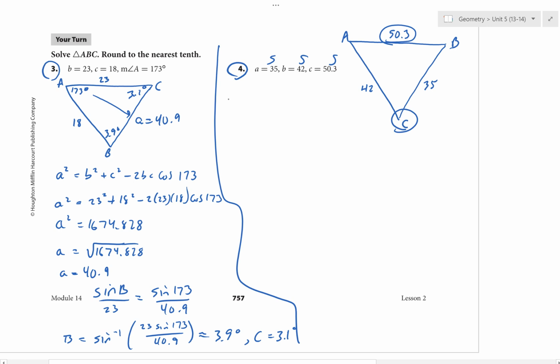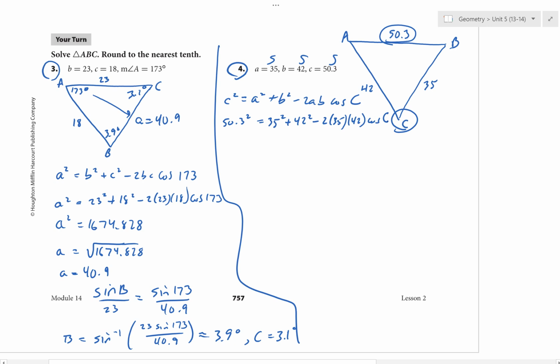So we would do C squared equals A squared plus B squared minus 2AB cosine of C. We'll fill in what we know: 50.3 squared equals 35 squared plus 42 squared minus 2 times 35 times 42 cosine of our unknown angle C.